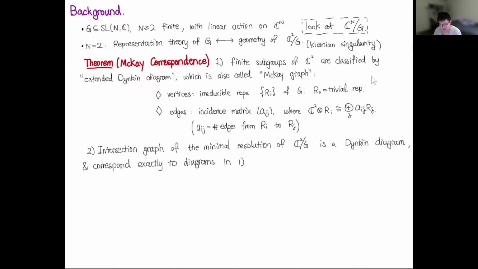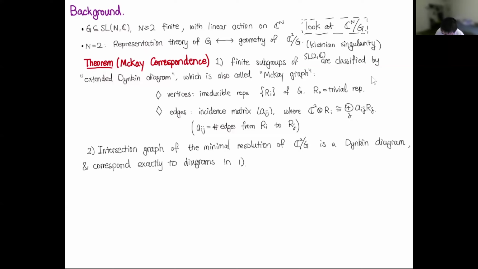Now, the first thing is that you have a classification of finite subgroups of SL(2, C). The finite subgroups of SL(2, C) can be classified by something called the extended Dynkin diagram, by looking at its irreducible representations.